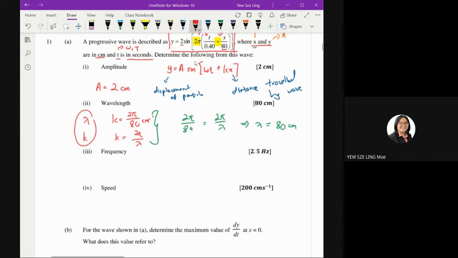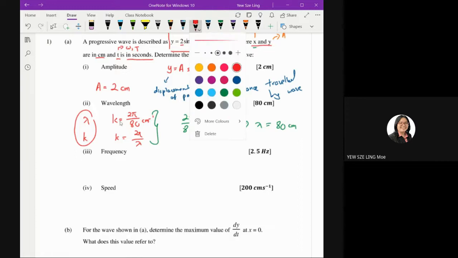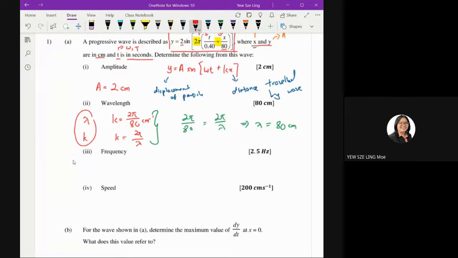Now question number 3. The question now wants frequency. If you recall what I keep telling you guys, frequency, omega, and period are one big family. If you want to determine the value of frequency, then you need either the omega or the period. By comparison, we can obtain omega from the equation.